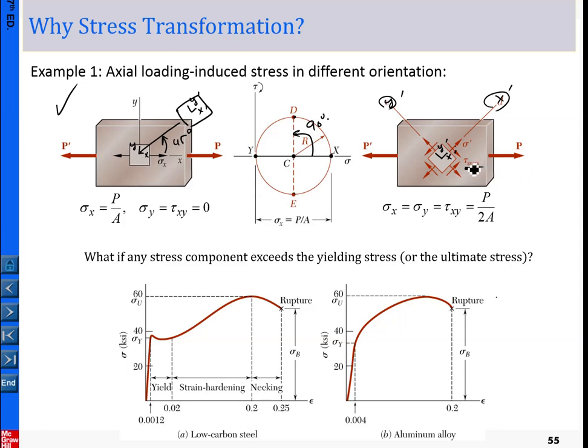So if any stress components exceed what we call the yielding stress, the maximum, for a certain material, the yielding stress, sigma y, this is a particular material property that marks the onset of plasticity. Okay, plasticity is a permanent deformation of a material which is overloaded beyond its elastic regime.